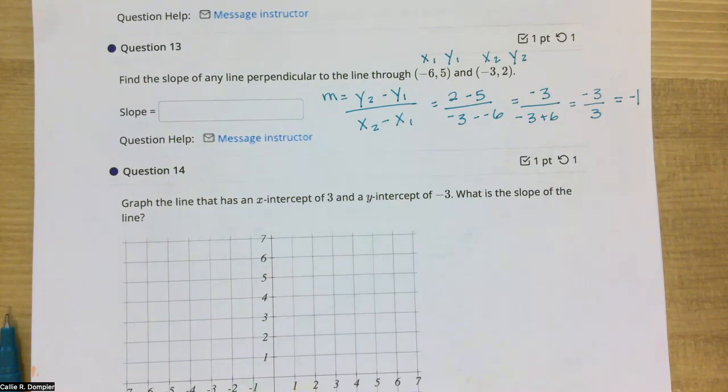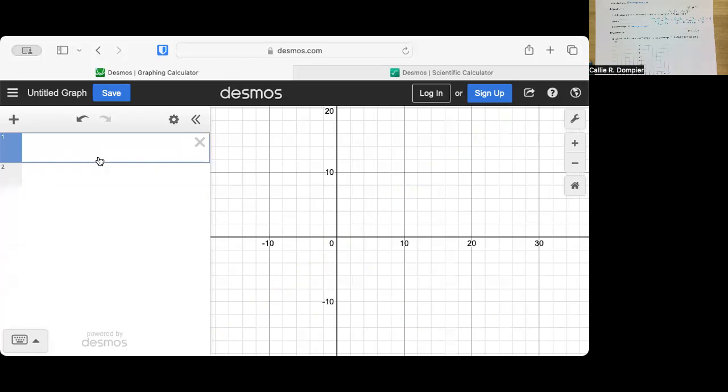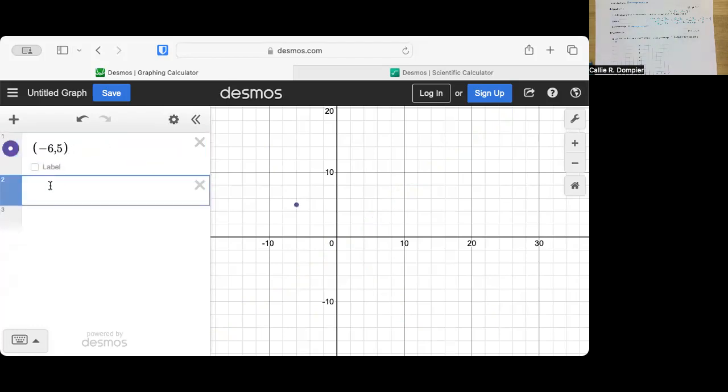And if you were to graph that, you would be able to see -6, 5 and -3, 2.